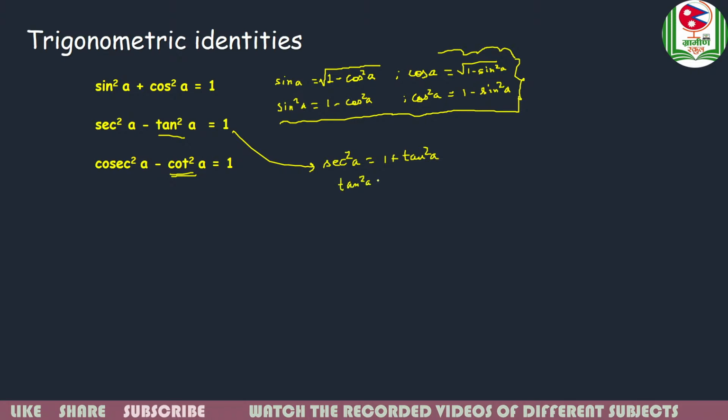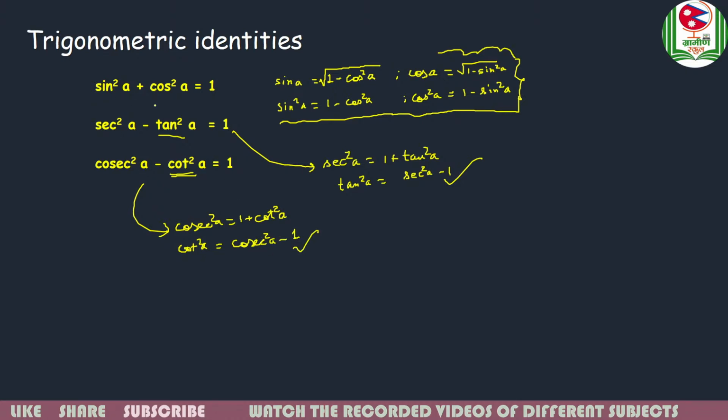Tan square a is equal to sec square a minus 1. And similarly cosec square a equals 1 plus cot square a. And what will be cot square a? Cot square a is going to be cosec square a minus 1.